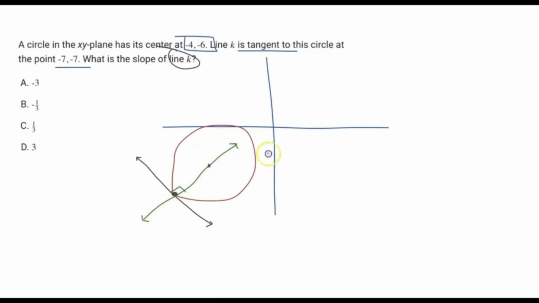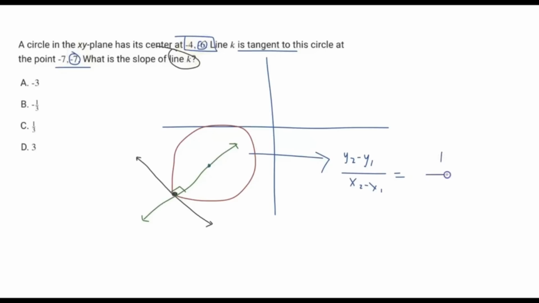So the slope of the green line, let's draw over here, is going to be based on these 2 coordinate points. So the equation is going to be y2 minus y1 over x2 minus x1. And so here, let's just look for the change in y. We're going from (-7, -7) to (-4, -6). The change in y, which is -7 to -6, is a change of +1.